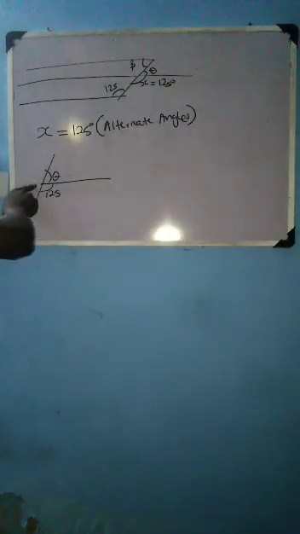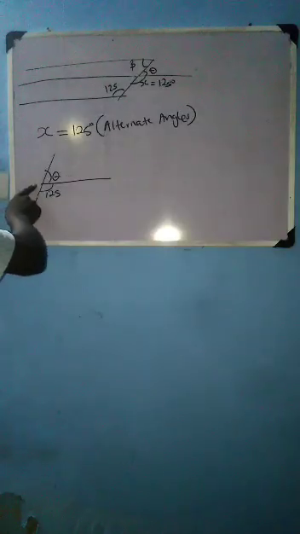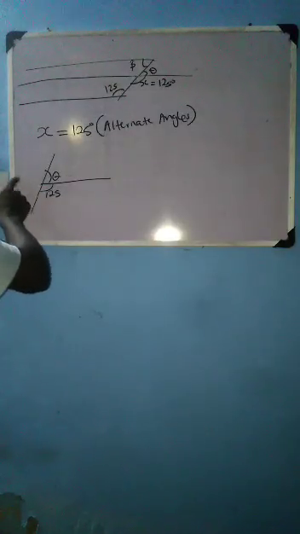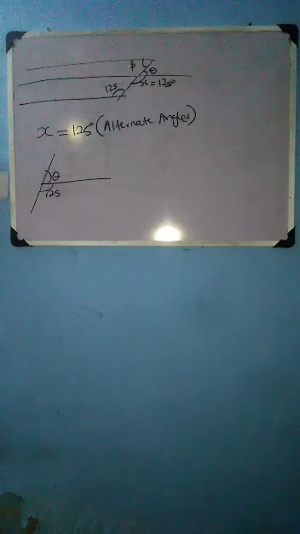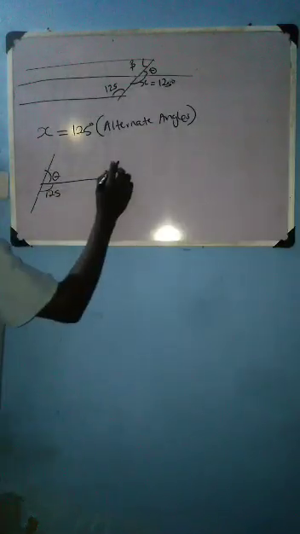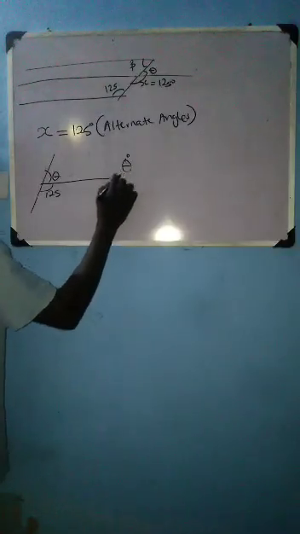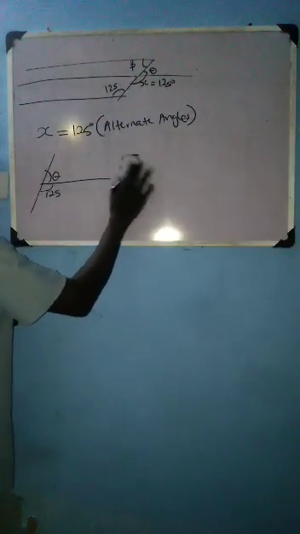So the theorem for a straight line, that's theorem 1: sum of angles on a straight line is equal to 180 degrees, right? Please follow.